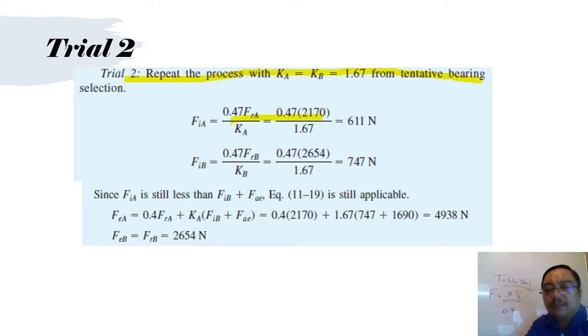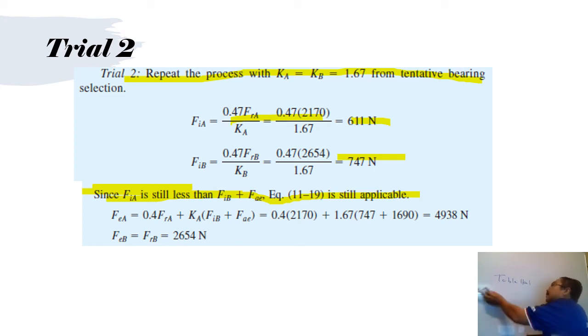You put the answers 611 and 747, and since FIA is less than FIB and FAE, equation 11.9 is still applicable.